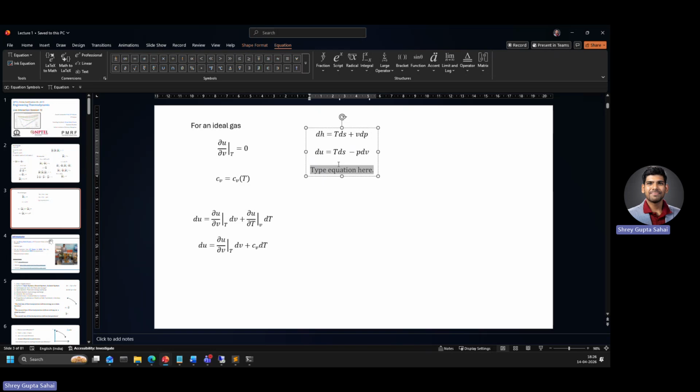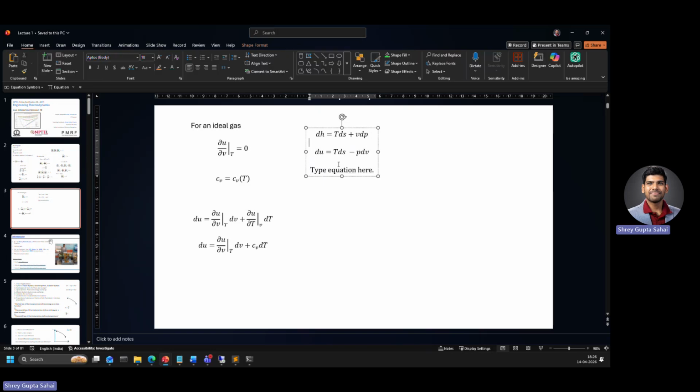Then let's just add. No, there are four Maxwell's relations, right? Let's add or subtract. We'll add and subtract this thing, S dT minus S dT.